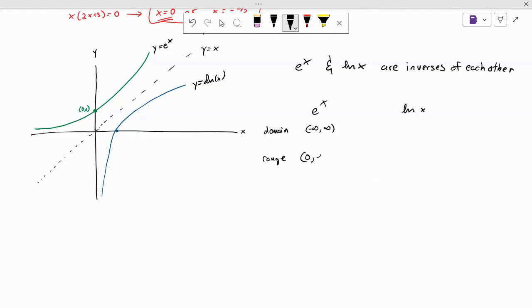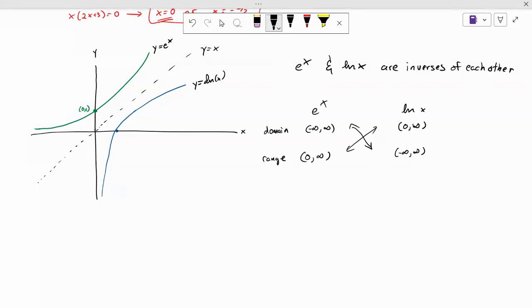The range is just positive numbers, as you see from the green graph. So these being inverses, the domain and the range will be interchanged. So if the domain of the exponential function is all real numbers, then the range of its inverse will be all real numbers. And if the range of the exponential is positive, then that means the domain of log must be positives.